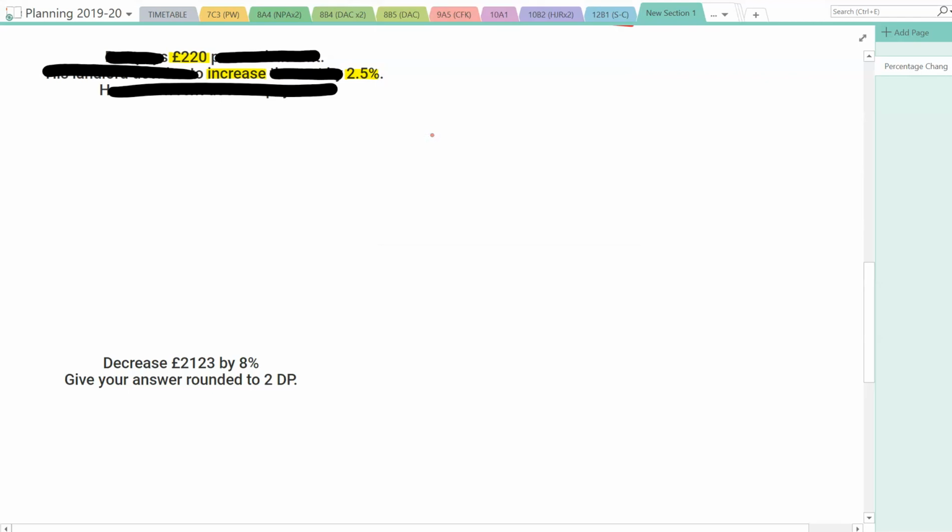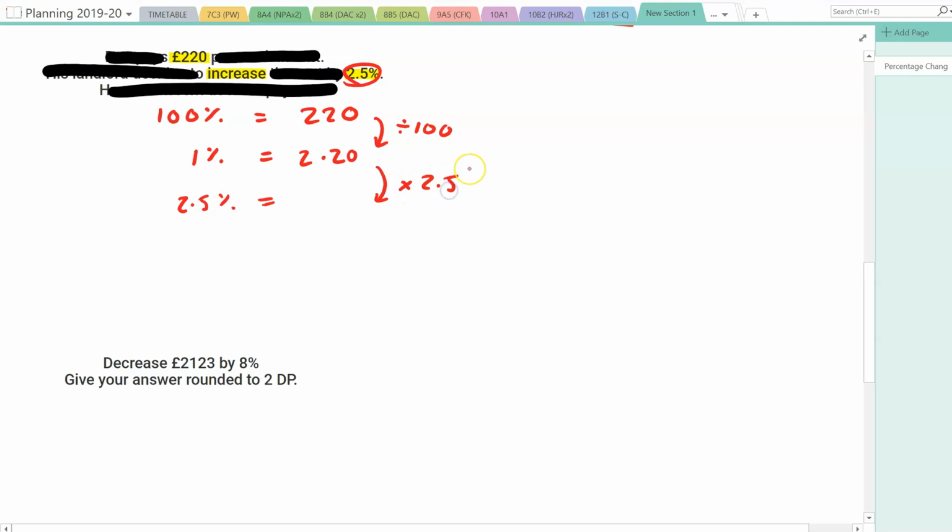So we know that 100% is £220. So we can tell that 1% is going to be £2.20, because I've divided by 100. I need 2.5. So I need to times this by 2.5.